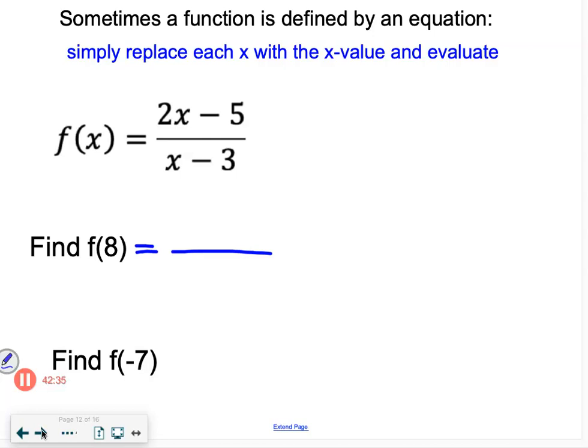Wait, what's the difference between 2 and x? Oh, that's a good question. I will tell you in just a second. Isn't it the same? It's just like a variable.